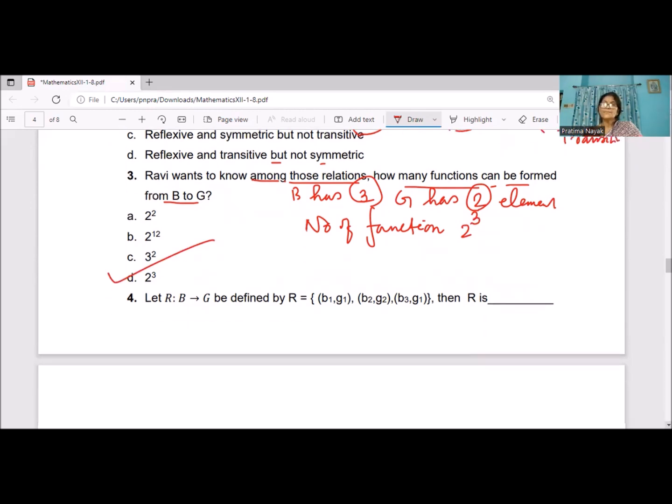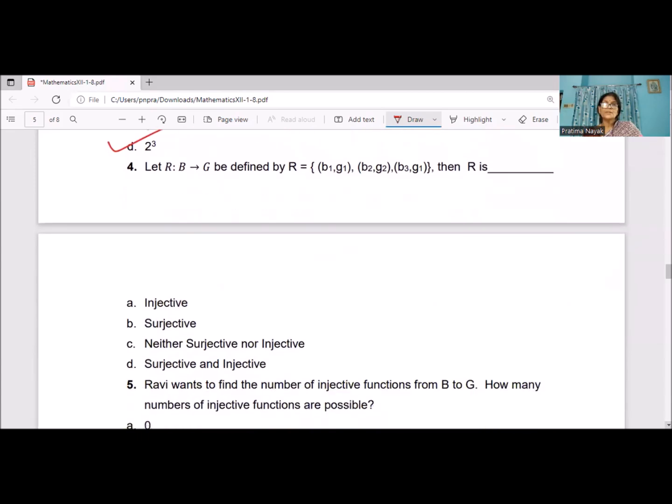Now coming to the 4th one. Now the relation is defined from B to G. Then the pairs are B1, G1, B2, G2, B3, G1. Then R is what? The options are injective, surjective, neither surjective nor injective, surjective and injective.